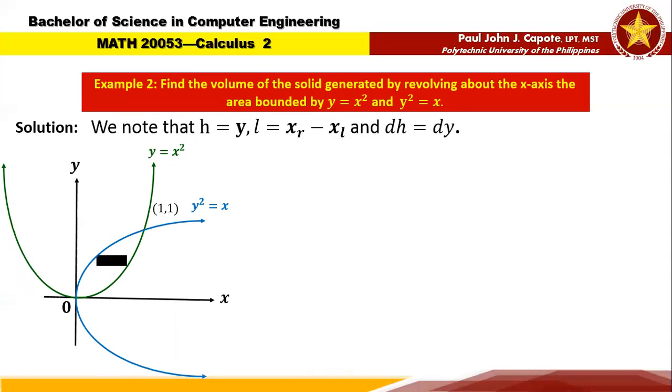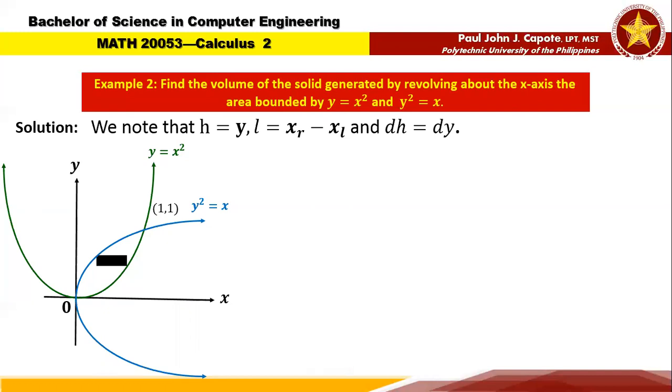We note that h, which is the distance of the lower base to the x-axis, again, h is the distance of the lower base to the x-axis because our axis of revolution is the x-axis, okay?